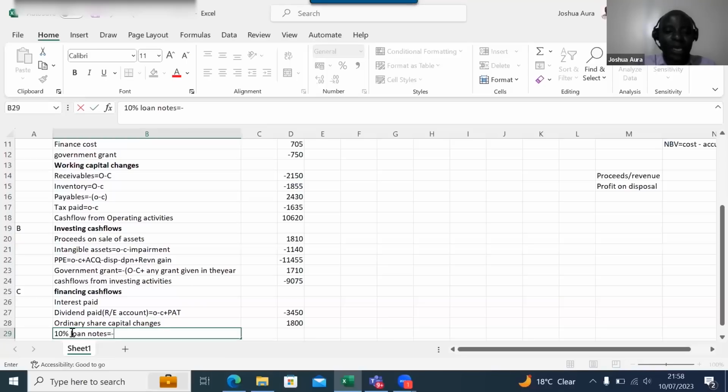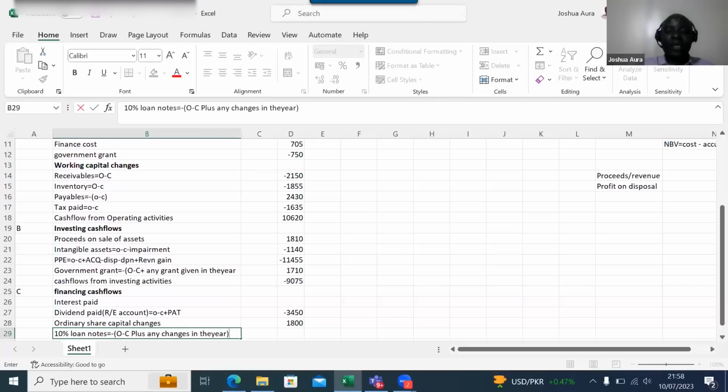I have to begin with a negative, and then we have opening minus closing, plus any changes in the year. I close my bracket there.